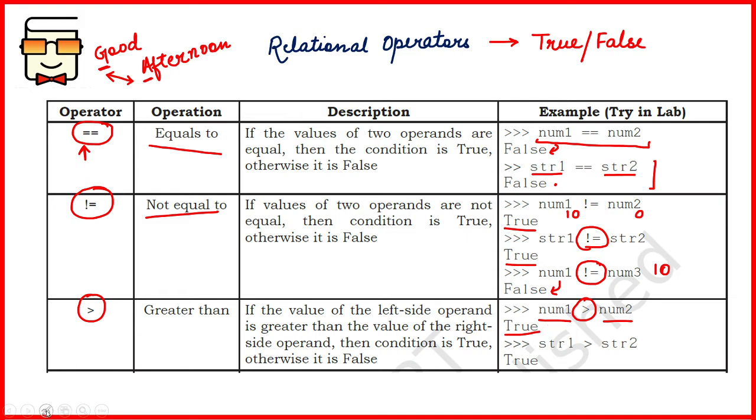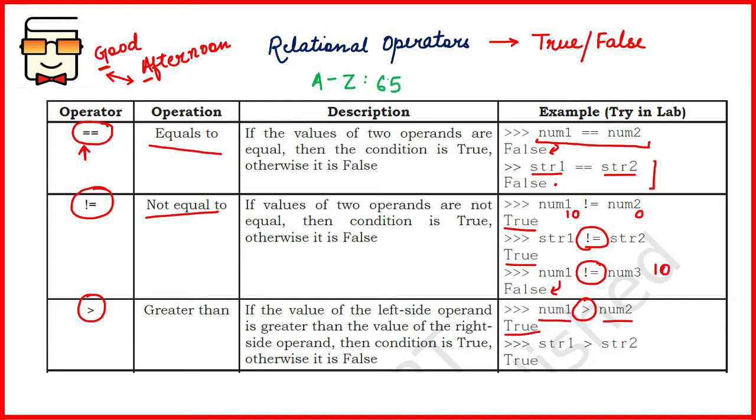This greater than and less than operator that we'll be seeing in the next slide, when they are used with strings, they again perform a character by character comparison on the basis of ASCII values. So you must remember that the ASCII values of English alphabets, capital A to capital Z, range from 65 to 90.